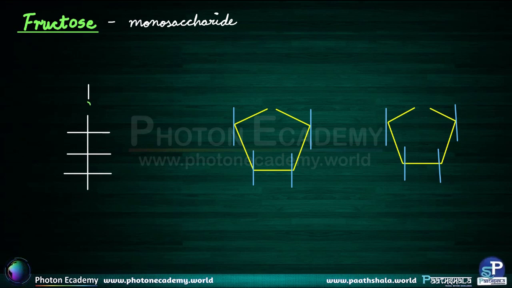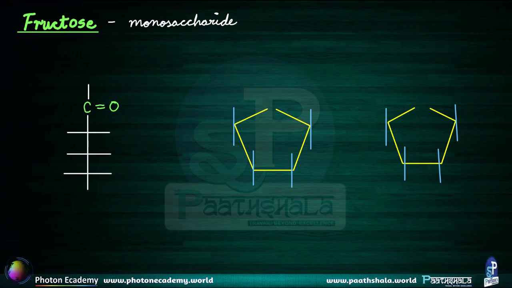In fructose, the functional group present is the ketone group, and accompanying it at the top position is our CH2OH.